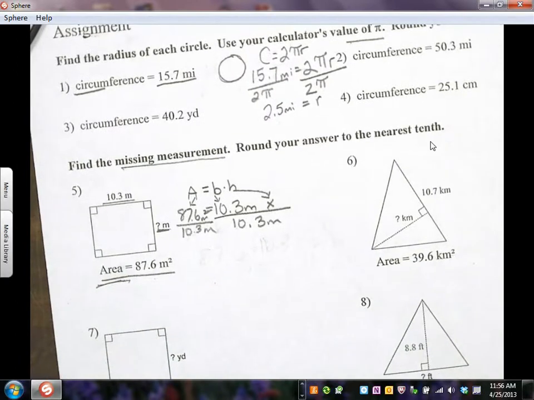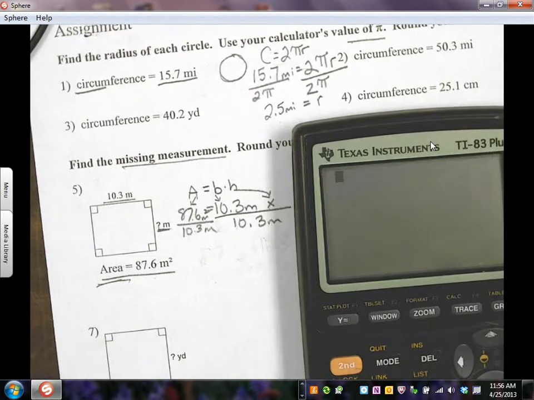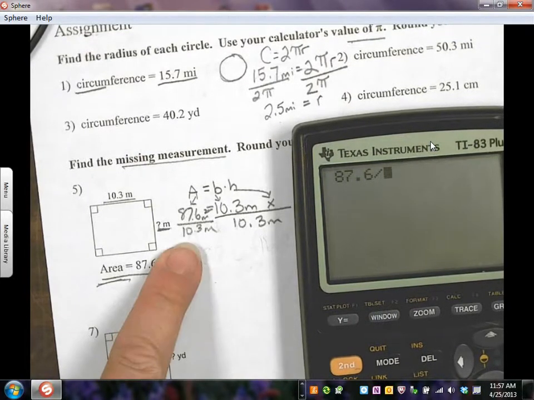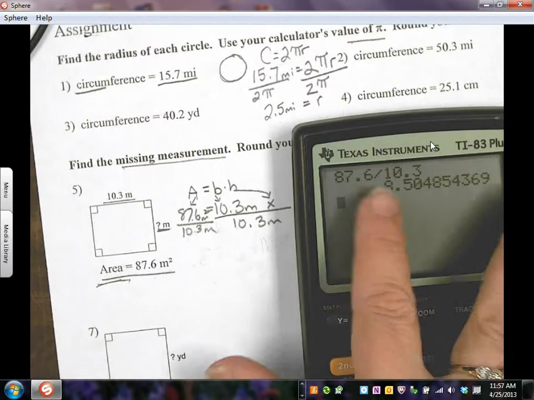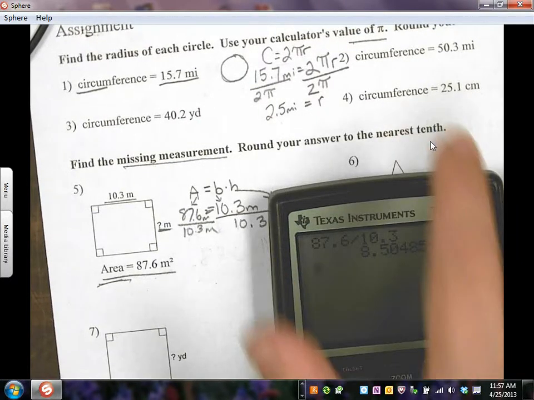So in the calculator, all you do is type in 87.6 divided by 10.3. Since I only have one thing, I don't need to put the parentheses, but if you had more than one, you would definitely use them. And that gives me, we're rounding to the nearest tenth still.